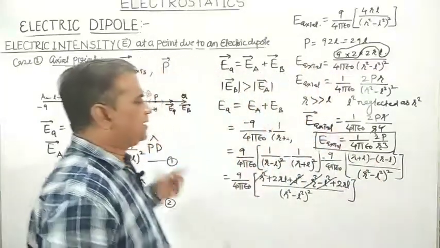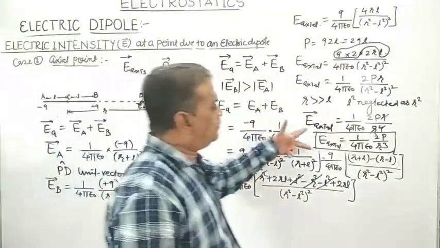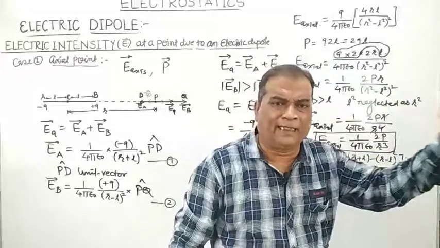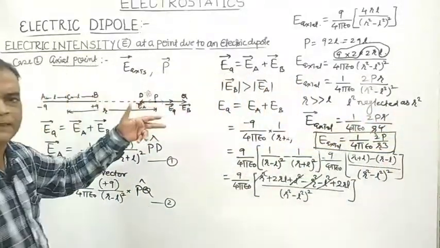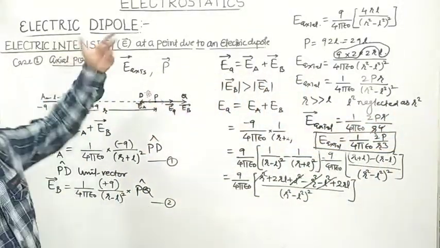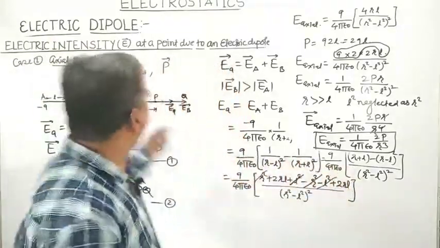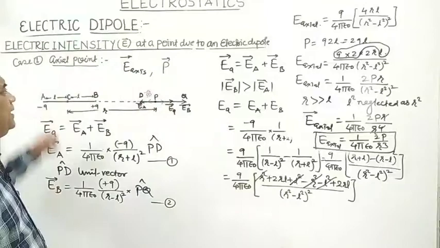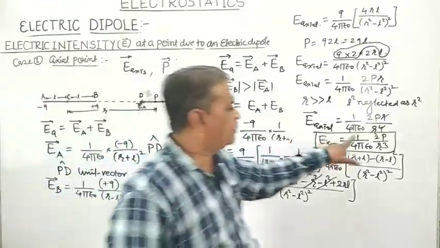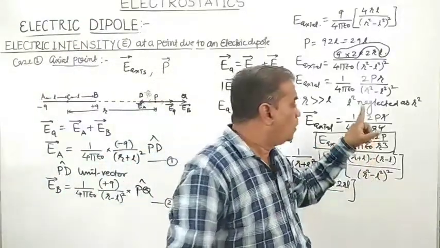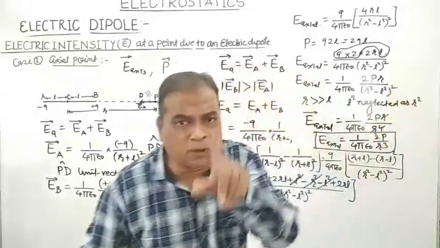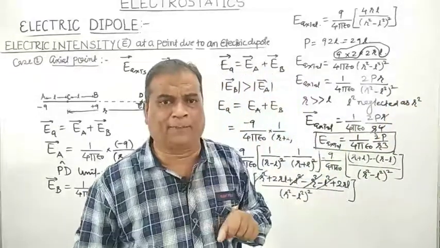So you remember that there might be problems that ask to find the electric field intensity at any point along the axis due to an electric dipole. So the electric intensity due to an electric dipole along the axis is 1 upon 4 pi epsilon 0 2p divided by r cube.